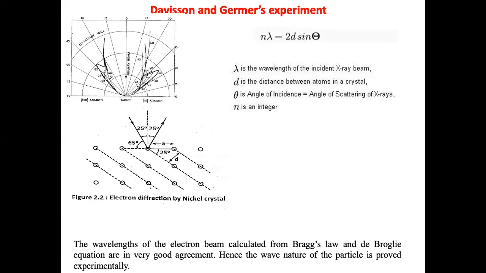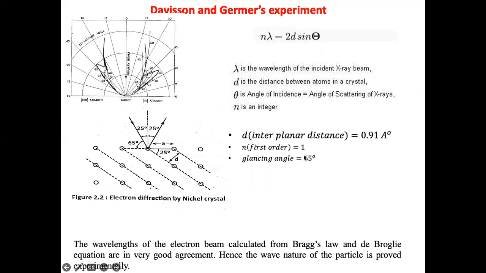Next, d is the interplanar distance of the nickel target. All these values are known: 0.91 angstroms is the interplanar distance of the nickel target, and we calculate the glancing angle. That glancing angle is 65 degrees.